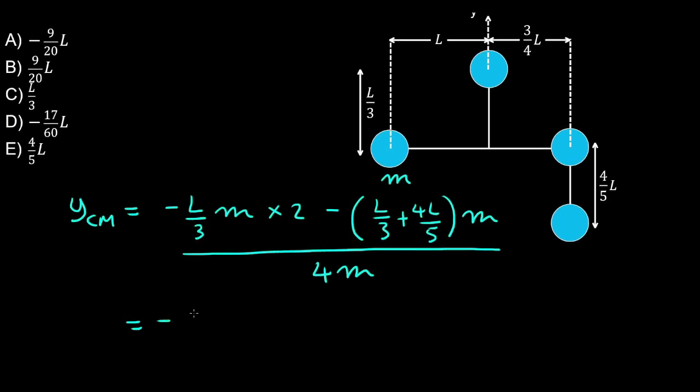So we get minus 2mL on 3 minus 5L plus 12, which is 17L. So we have 17mL on 15, and that's divided by 4m.